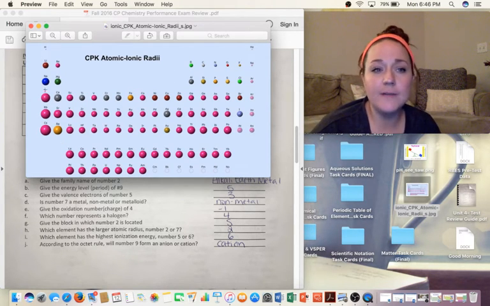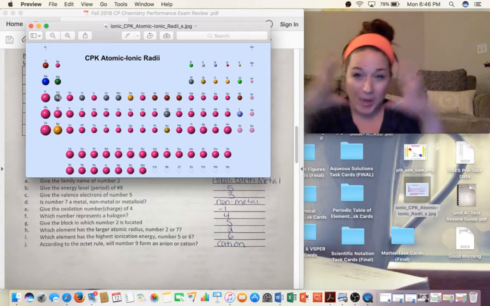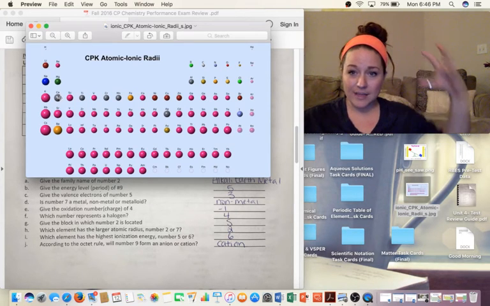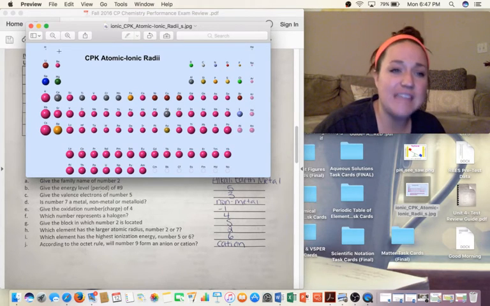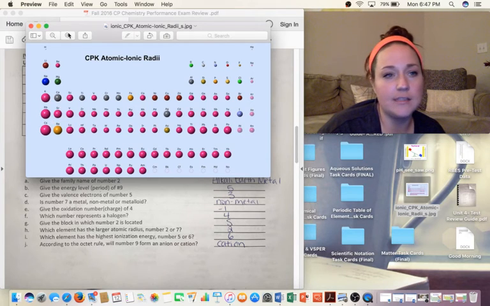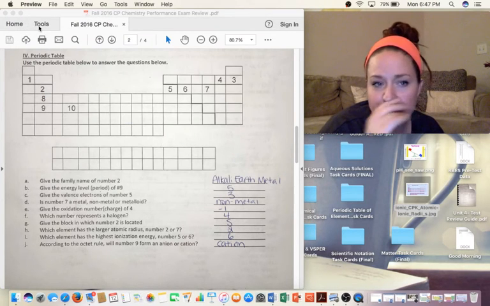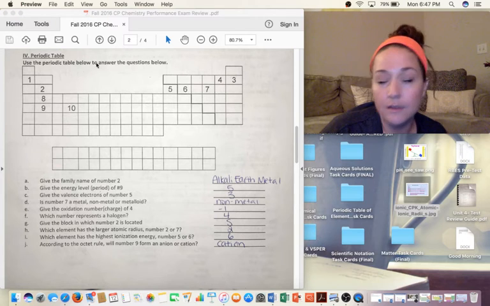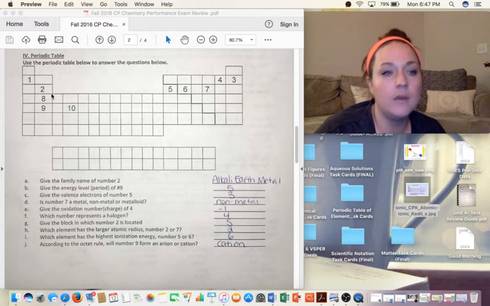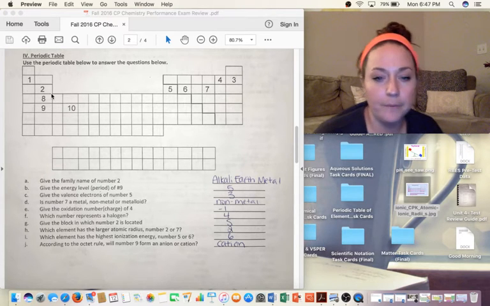Now, every time you go down a period, you add another energy level to your element, so as you go down the periodic table, it gets larger as well. When you compare 2 versus 7, they're both in the exact same period, the exact same row, so 2 is going to be bigger.